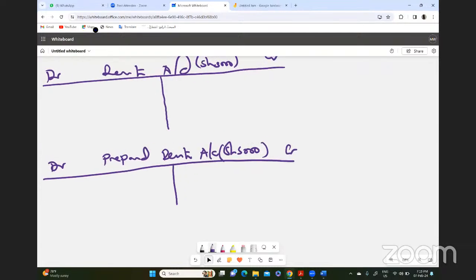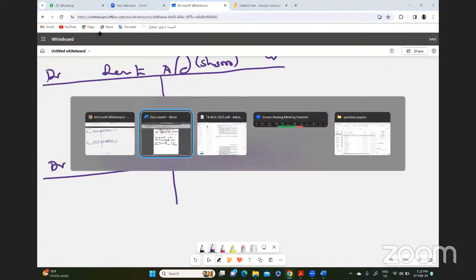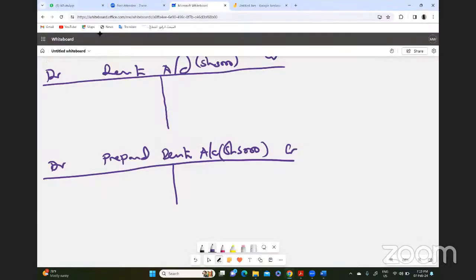So can we pass the debits? When was this done? On 1st.